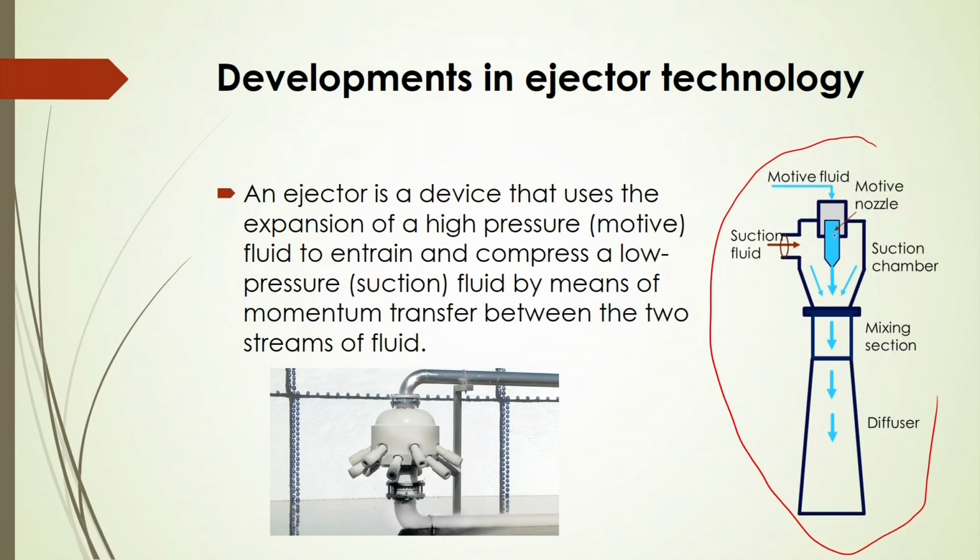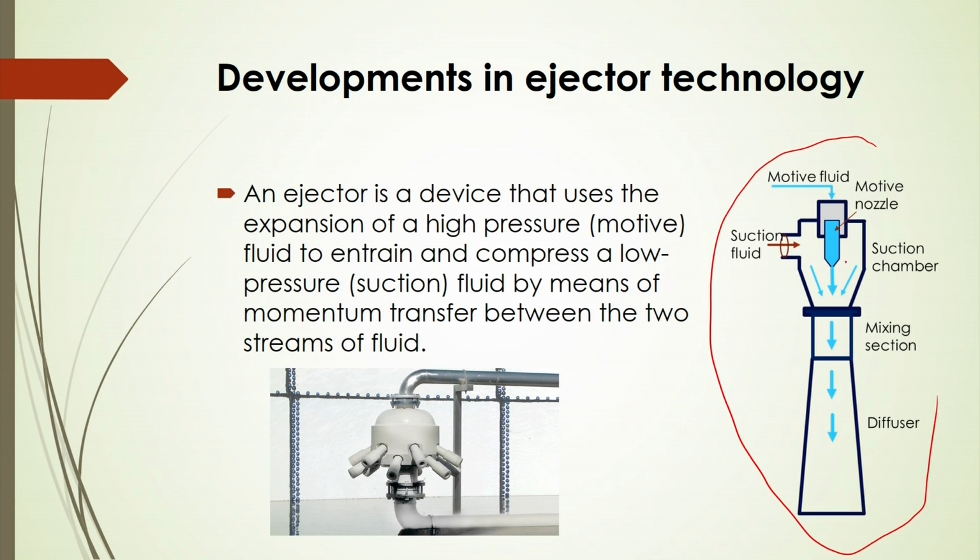Here in this figure you will see there are two fluids. One is the motive fluid, which acts as a fluid jet and passes through a nozzle, as shown in the figure. Whenever it comes out through the nozzle, a liquid jet is produced, and that liquid jet comes downward through a section called the suction chamber.